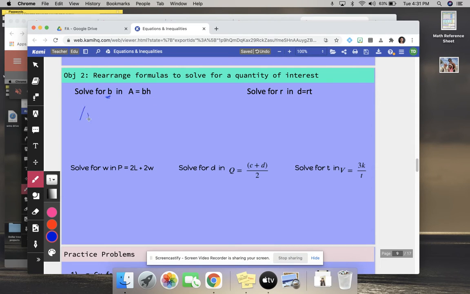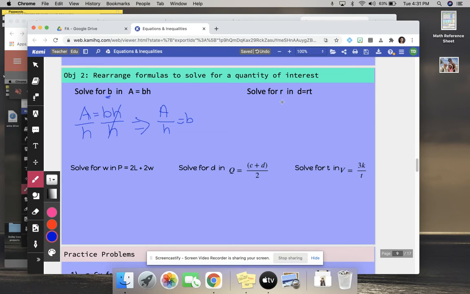So I'm just going to divide the B times H by the H to get B by itself. I do that on both sides. It gets rid of the H on the right side. And so now our equation is going to be A divided by H is equal to B.